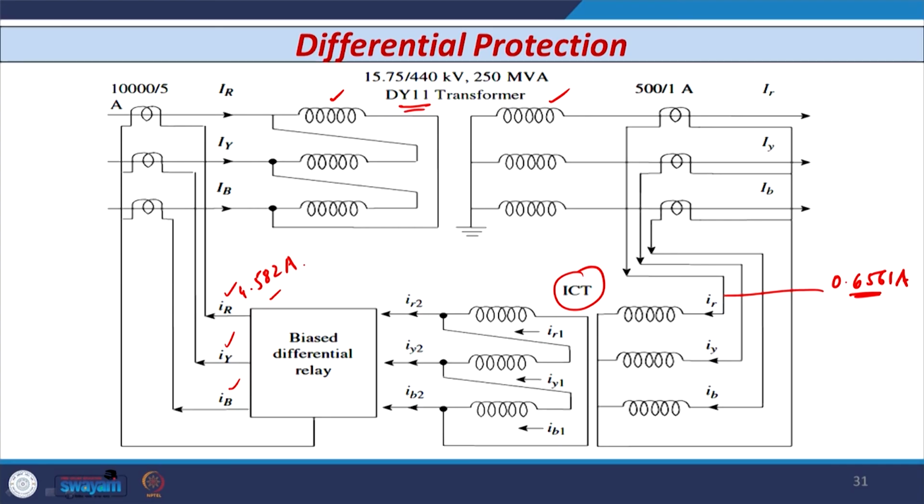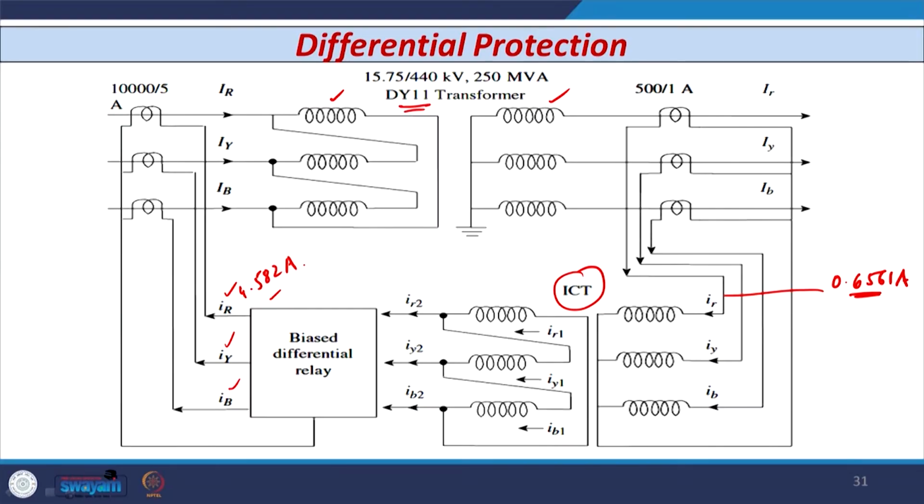By some means we have to make an arrangement so that these two currents are equal, and for that we have utilized the interposing current transformer with one side winding star connected. So the CT secondary of 500 by 5 ampere is directly connected to this, so this current is the same. On the other side, the other winding of the ICT is delta connected.